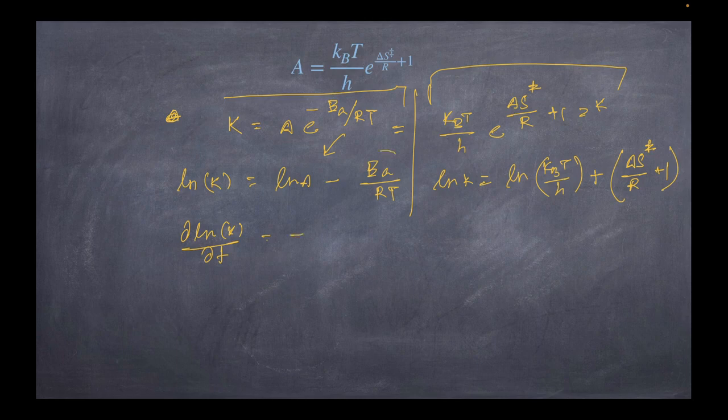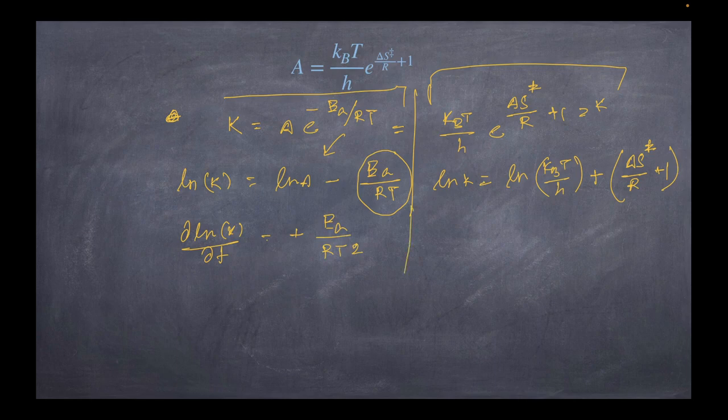Now for this term we have to take the derivative. It is 1 upon temperature. If we take the derivative with respect to T, it will be minus 1 upon T square. So minus minus will be plus, giving EA divided by RT square. EA is the activation energy.